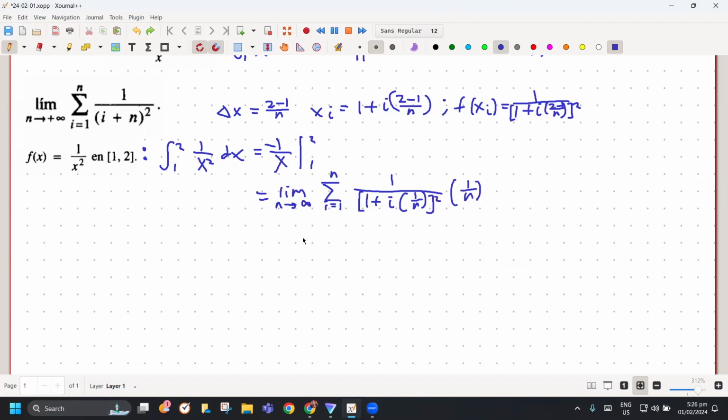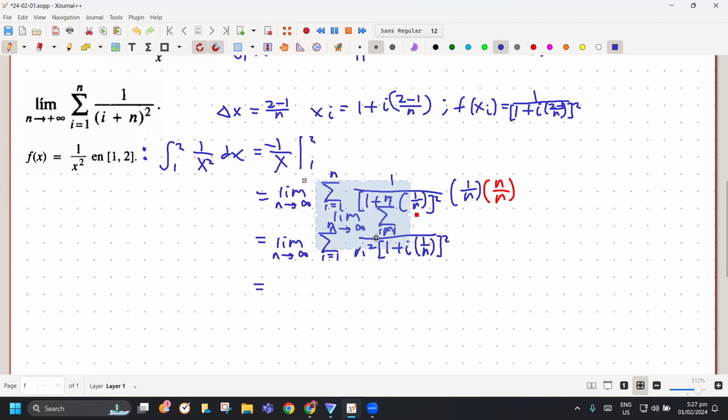So, okay na yan. Ngayon, mag-multiply ka ng n over n. So, magkaka-numerator ka na n sa taas. Tapos may n squared multiplied by (1 plus i over n) squared.